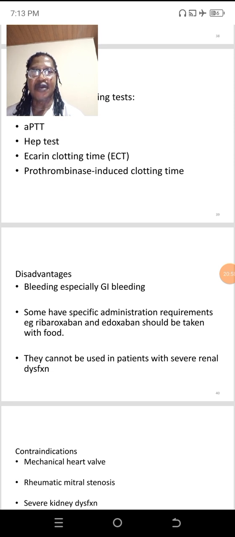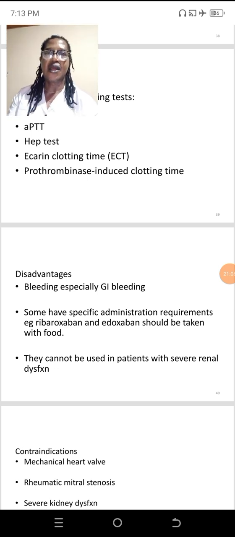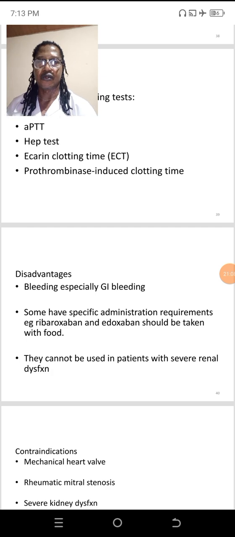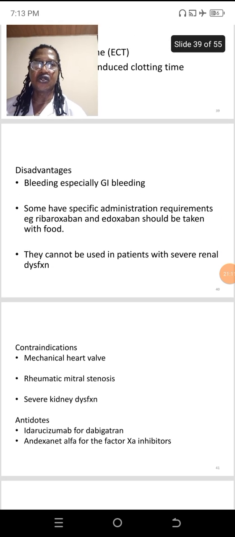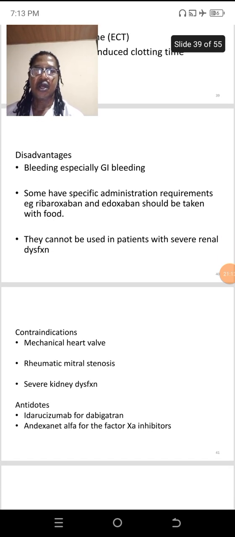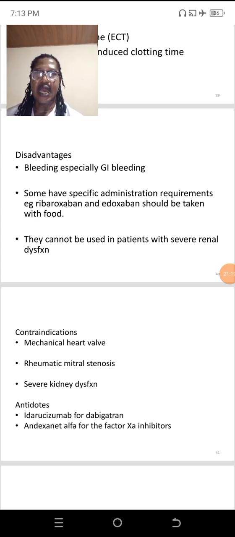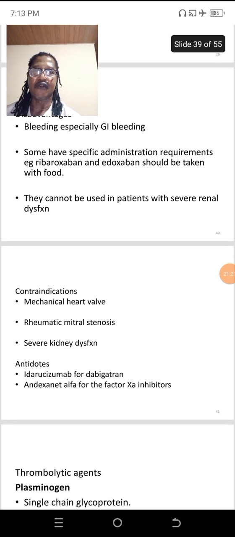Rivaroxaban and edoxaban should be administered with food. Then, they cannot be used in patients with severe renal dysfunction. Contraindications to their use include mechanical heart valve, rheumatic mitral stenosis, and severe kidney dysfunction.